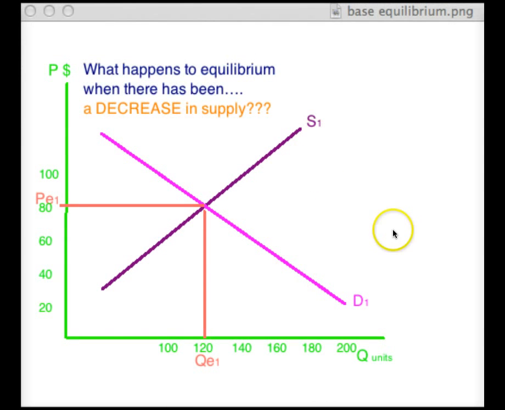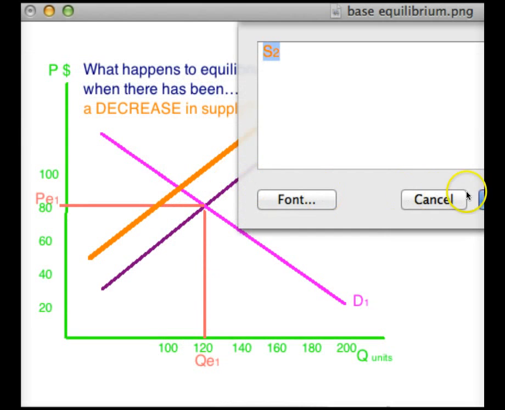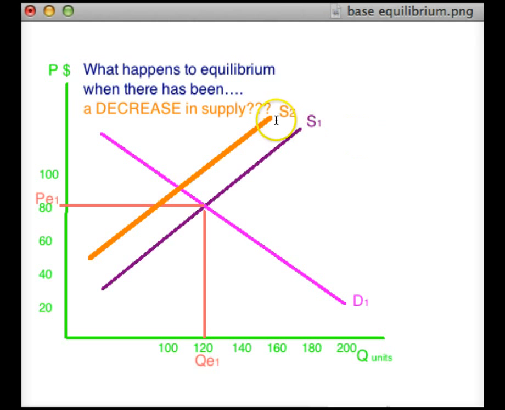So the last thing we'll look at is the effect on equilibrium when there has been a decrease in supply. So here's our supply curve, and there's been a decrease, which means it's moved to the left. So we'll draw our new supply curve in here, being left of the original, and we'll label that. Our new supply curve. So here is our new equilibrium, just over here.